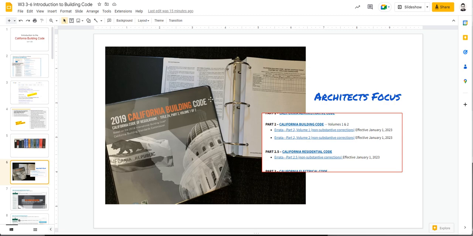However, I myself don't have a copy of this binder. It changes from time to time because of new laws and legislation, but an architect's office would definitely have something printed like these.